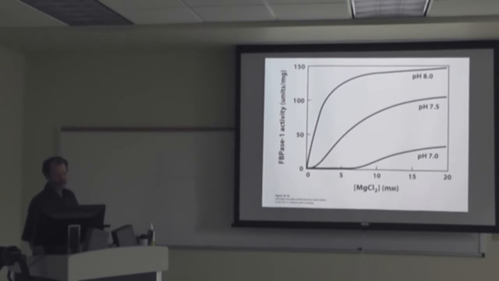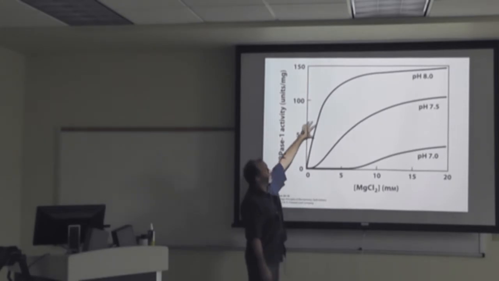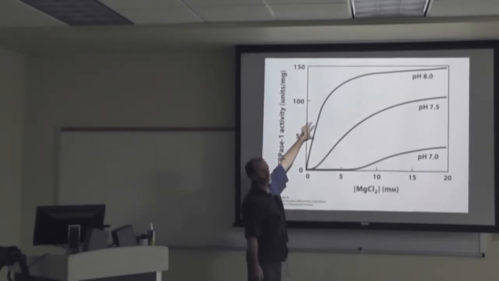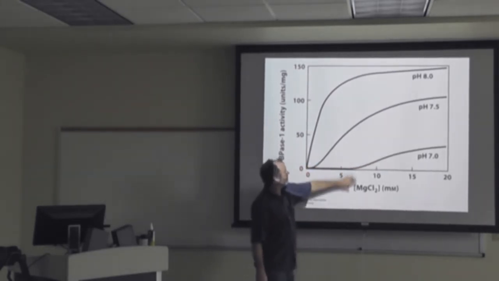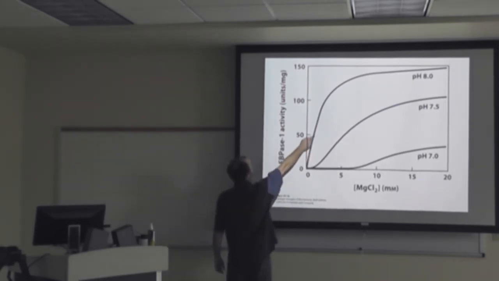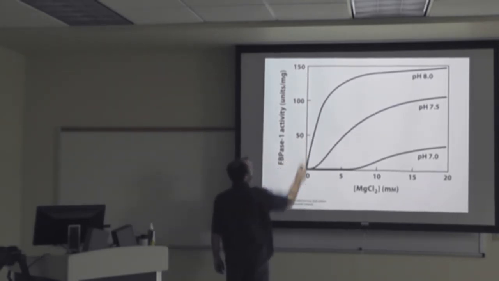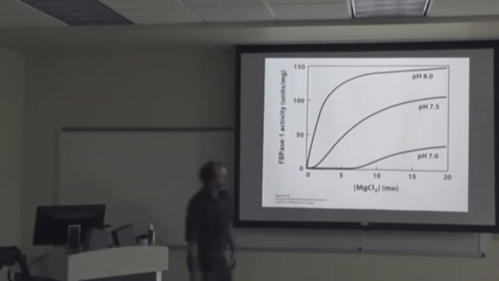And this shows you the fructose bisphosphatase 1 activity and how it works better in more alkaline pHs than at neutral pHs and at different magnesium concentrations. You need less magnesium to get this fructose bisphosphatase activity going at pH 8 than you would at pH 7.